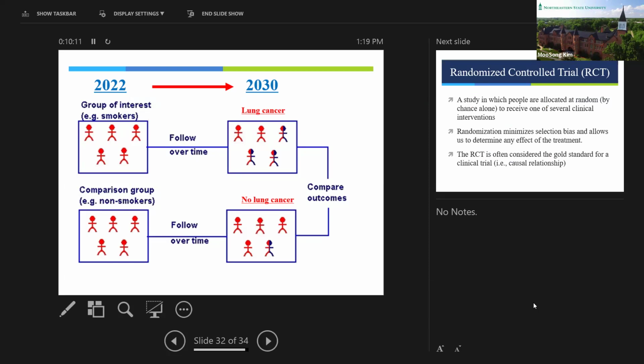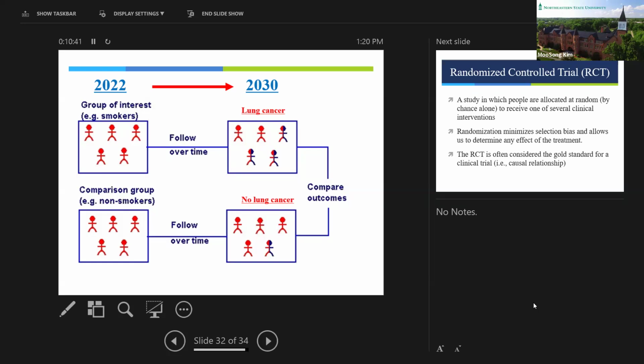We recruit the people here in 2022, smokers and non-smokers, and then we monitor their behavior over time, and after 10 years, we see whether they have more lung cancer or not, right? These groups are more likely to have lung cancer in the future, right? Also, this study design has some issues.